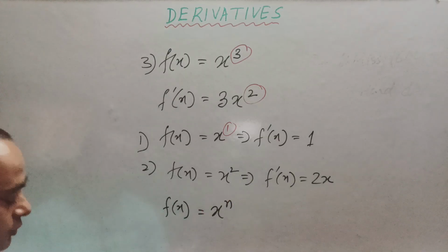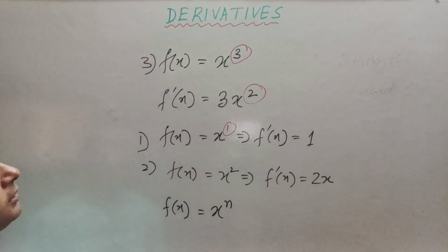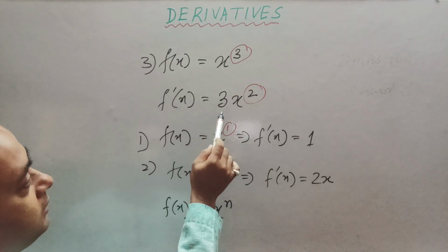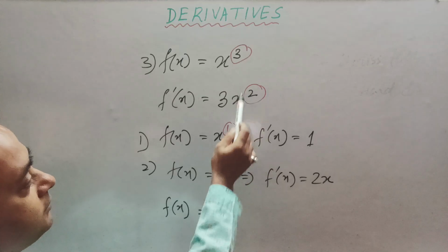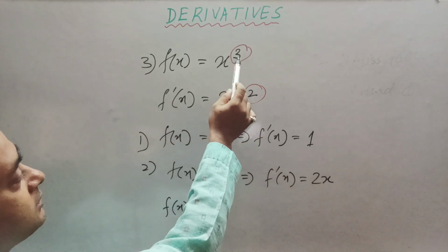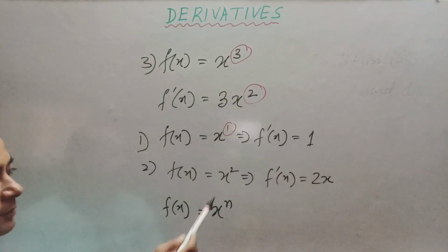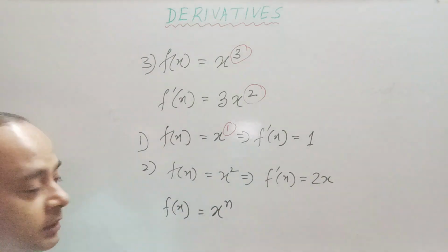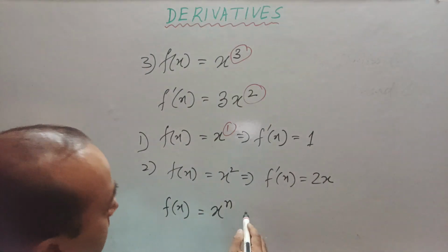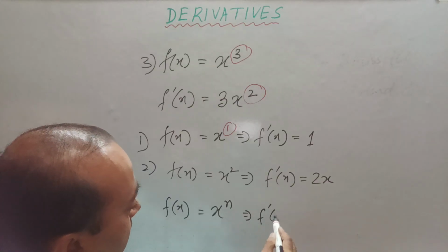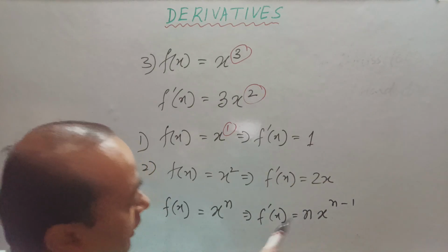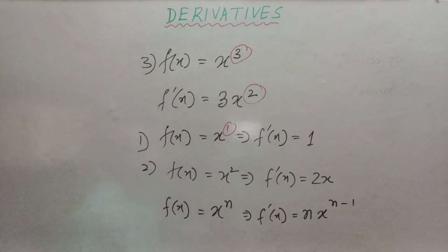If the index happens to be n, then in the third example this index comes as a coefficient and there is a decrement of one in the value of the index, that means x cube was 3x square. Similarly x square was 2x to the power 1. That means f(x) = x to the power n, then f dash x will be equal to n x to the power n minus 1.